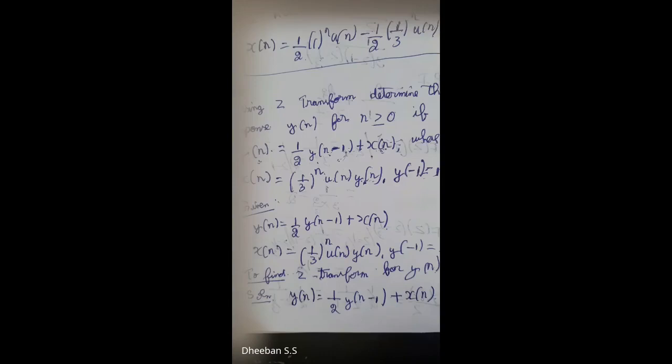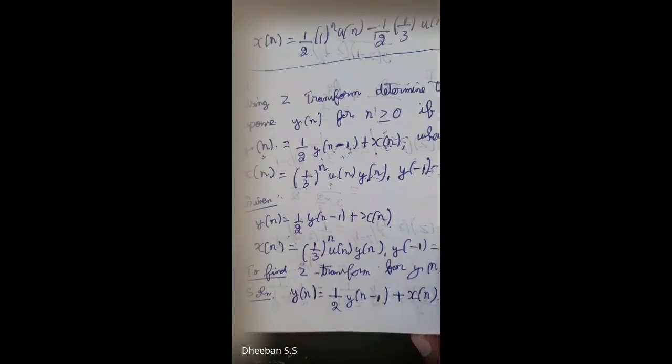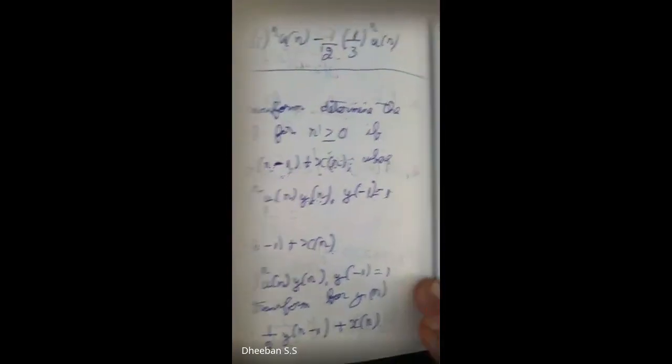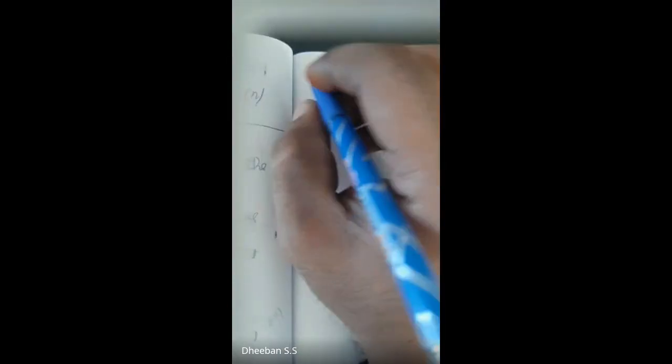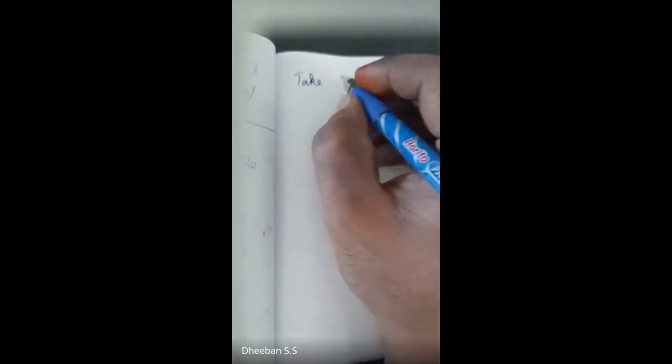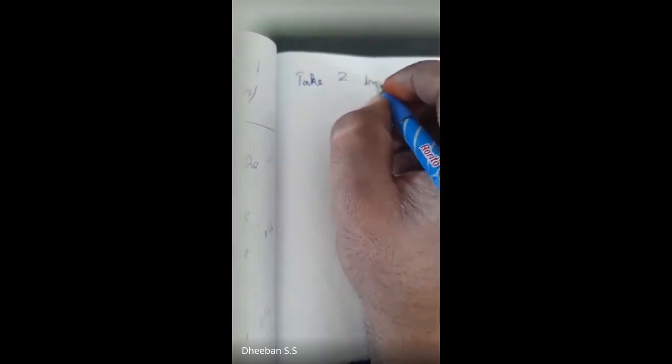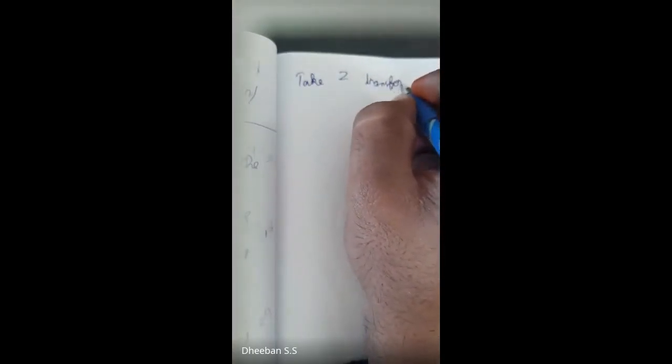Now what you have to do is take your z transform. We have signals on both sides, so you have to take the z transform on both sides.